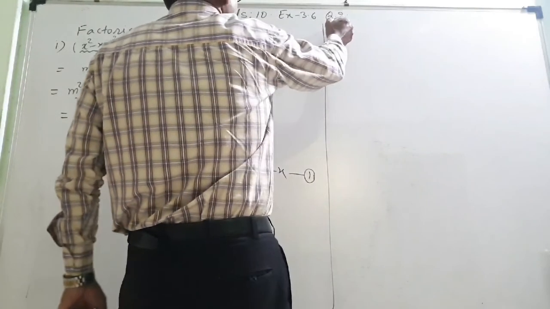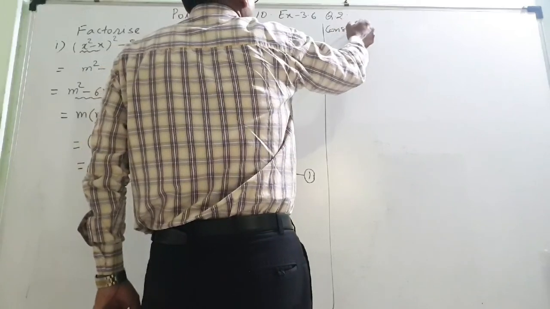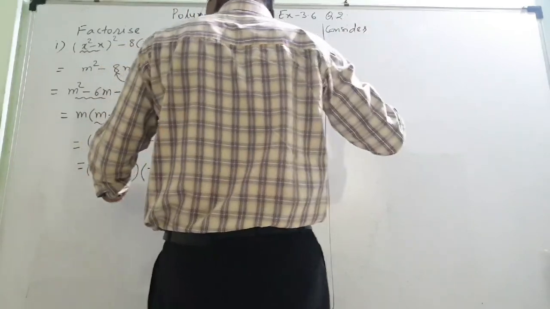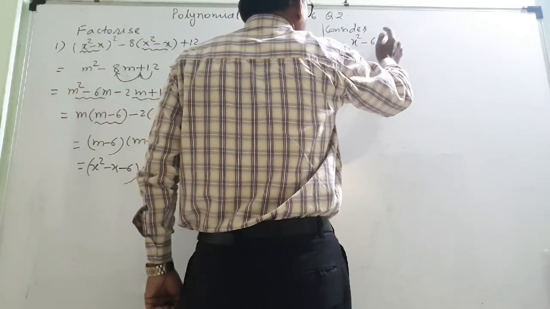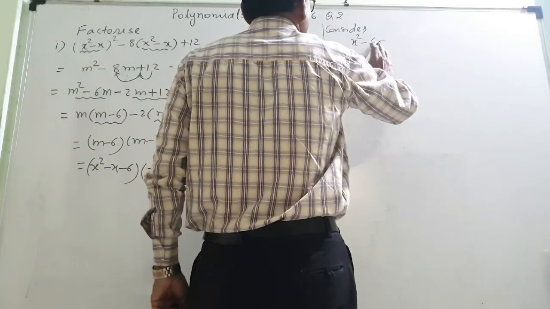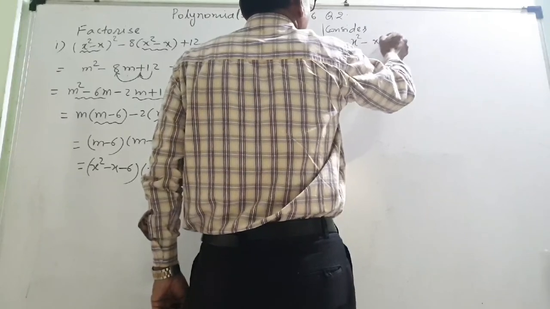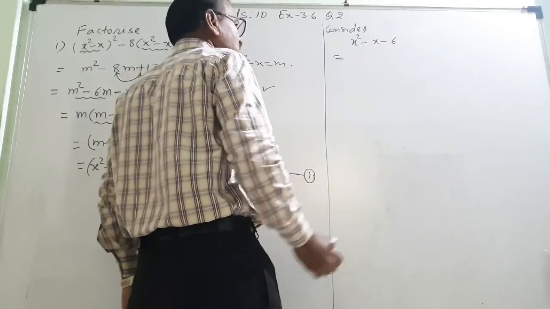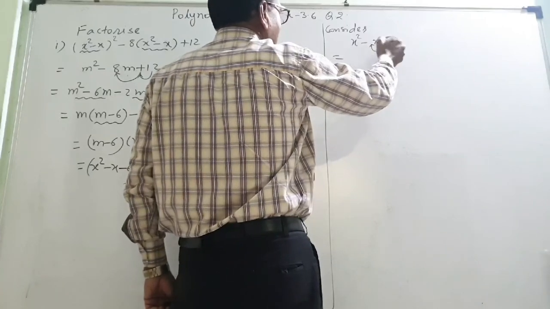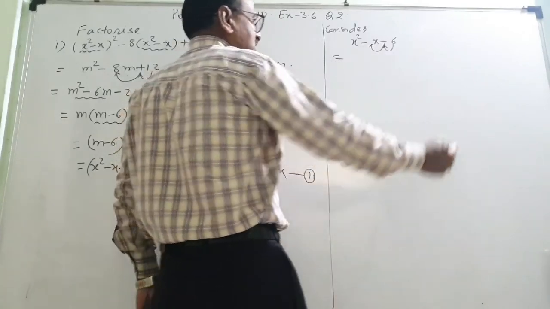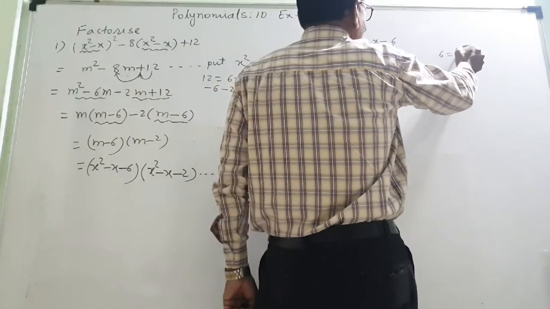Now consider x square minus x minus 6. Find the factors of 6 such that their subtraction is 1. 6 is equal to 3 into 2.